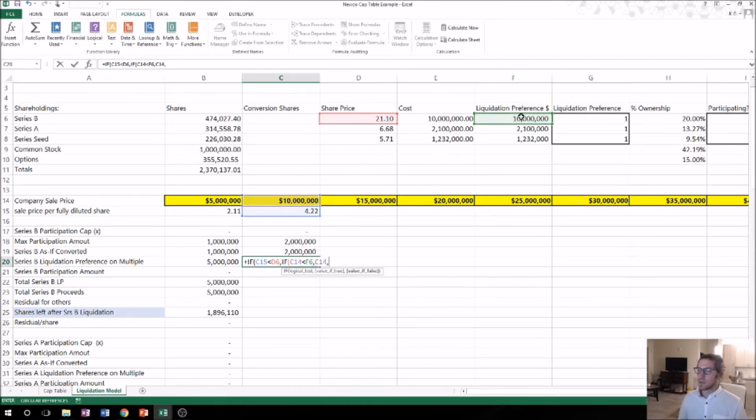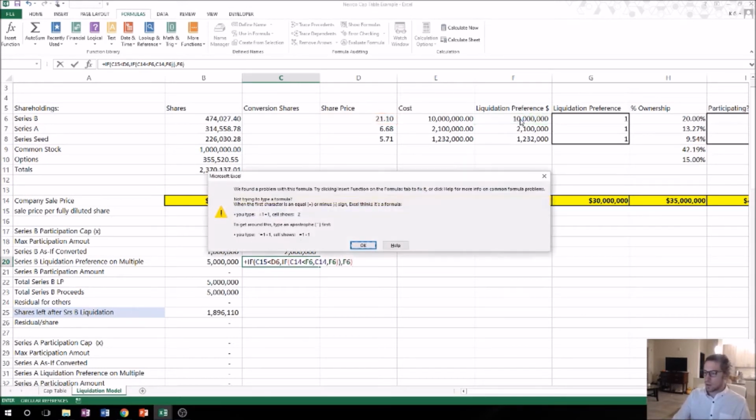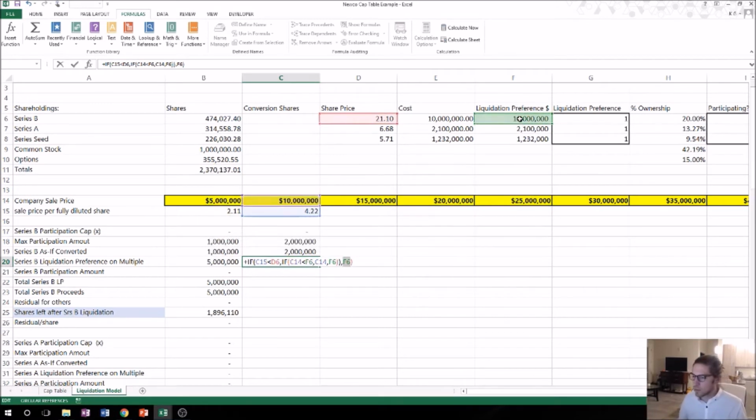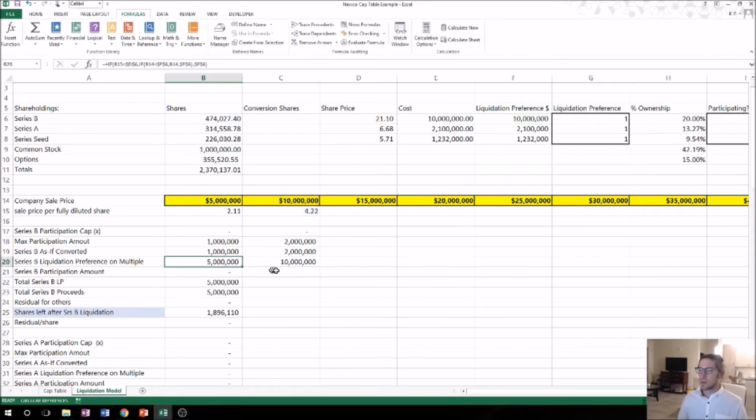Otherwise, give them the liquidation preference multiple. We'll do a comma, that one again, and what am I doing wrong here? Put the parentheses in the wrong spot, and that looks correct. So the liquidation preference is equal to this, and that's what it should be since we're only at $10 million here.